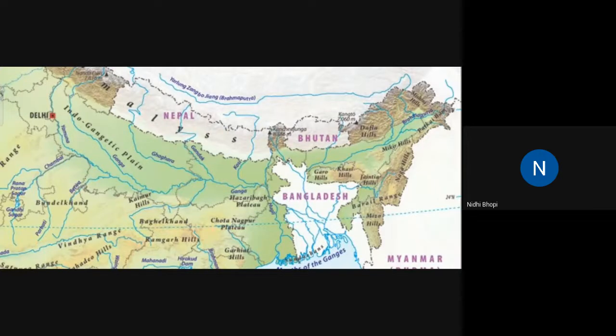These two regions receive the highest rainfall in the world. That lies in the Naga, Garo and Khasi hills.